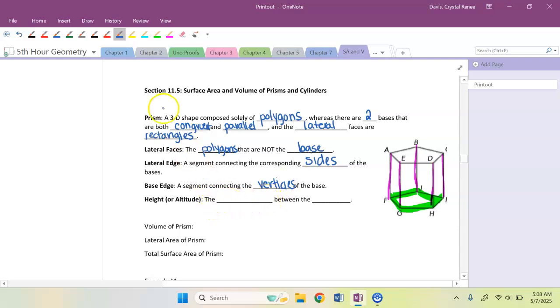And then the height, which can be a little confusing, it doesn't seem like it, but it can be, is going to be the distance between the two bases. So in this case, my height is this here. Okay, but if you have the bases that aren't the top and the bottom, the height can also be this way. So think of it as just the distance between the two bases.